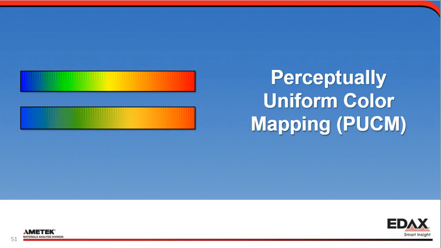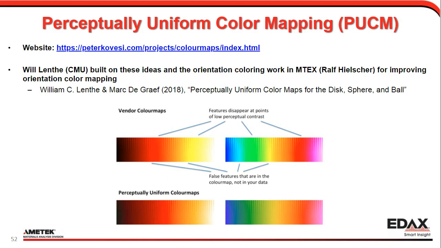One fun thing that we got involved with is the idea of perceptually uniform color maps. If you look at the top example there, we have our nice little rainbow plots or color scales that we use. You'll notice that some colors actually kind of disappear when you look at small variations.